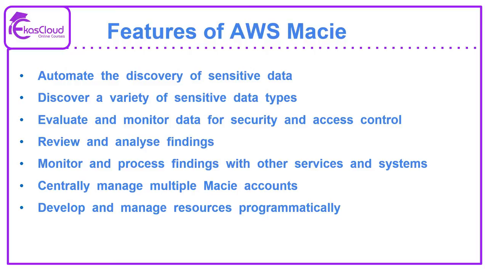These are the integrations that Macie works with in order to monitor and process findings within your environment. Another function is that Macie would help you to centrally manage multiple accounts. So you get an overall dashboard that would monitor your different Macie accounts within your environment.